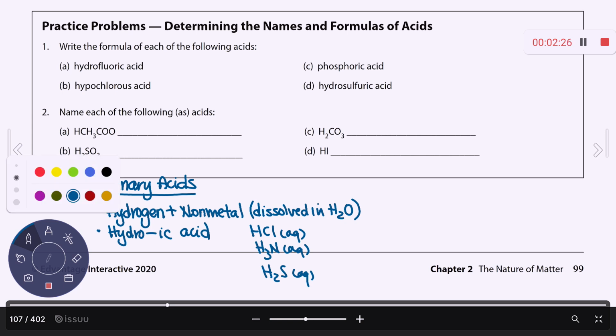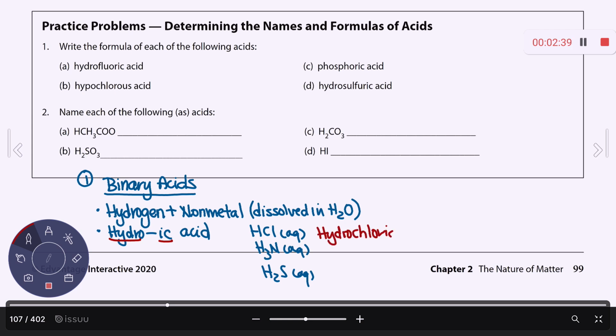So here what we're going to do is practice naming them. We're going to start with hydro, and then we're going to change the ending of the nonmetal that's attached to hydrogen to ic. So this one here would be hydrochloric acid. I put hydro in front of chlorine. I change the ending of chlorine to ic. For the next one, this would be hydronitric acid.